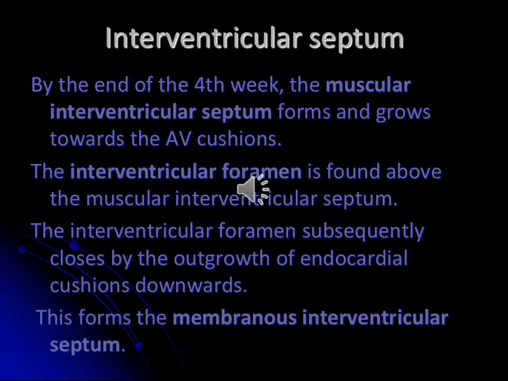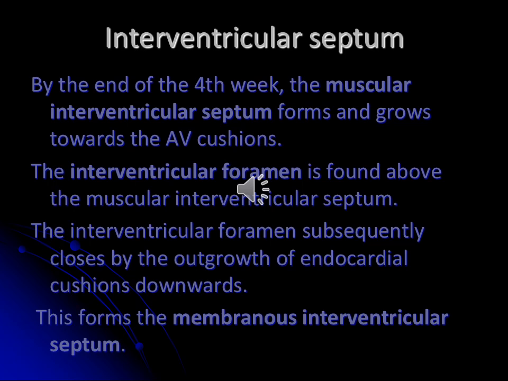While these changes are taking place in the common atrium, which is showing signs of partitioning into two, the ventricle also will follow suit, and there is a common ventricle to begin with, as we have seen.